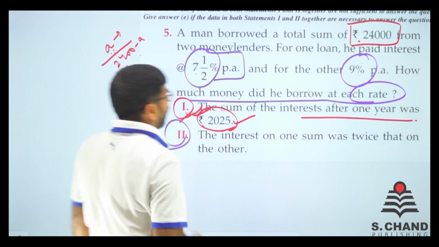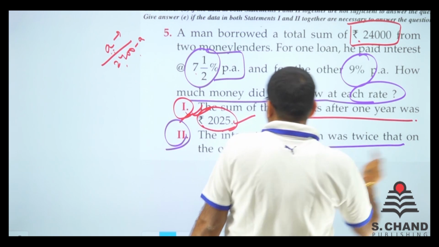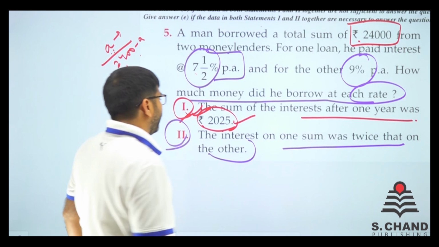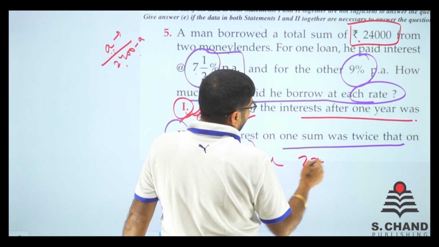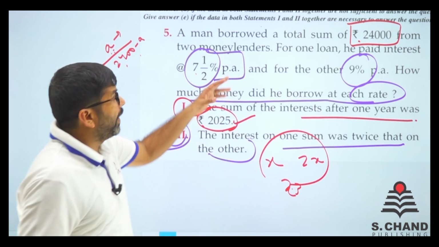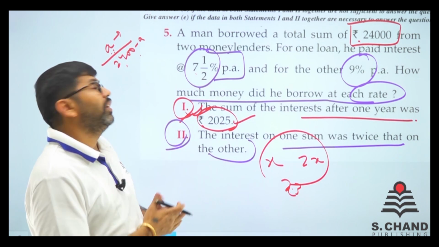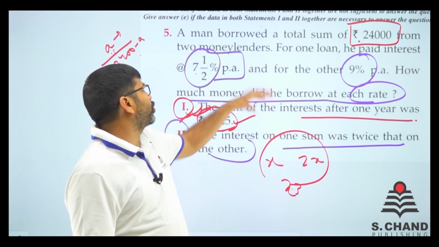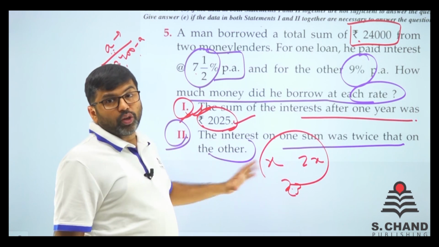Second, the interest on one sum was twice that on the other sum. This is also given. So what we can do is x and 2x. The total will be 3x, and that is also given. That is in the proportion. See, interest is always in proportion to their percentage. See, x and 2x is given.